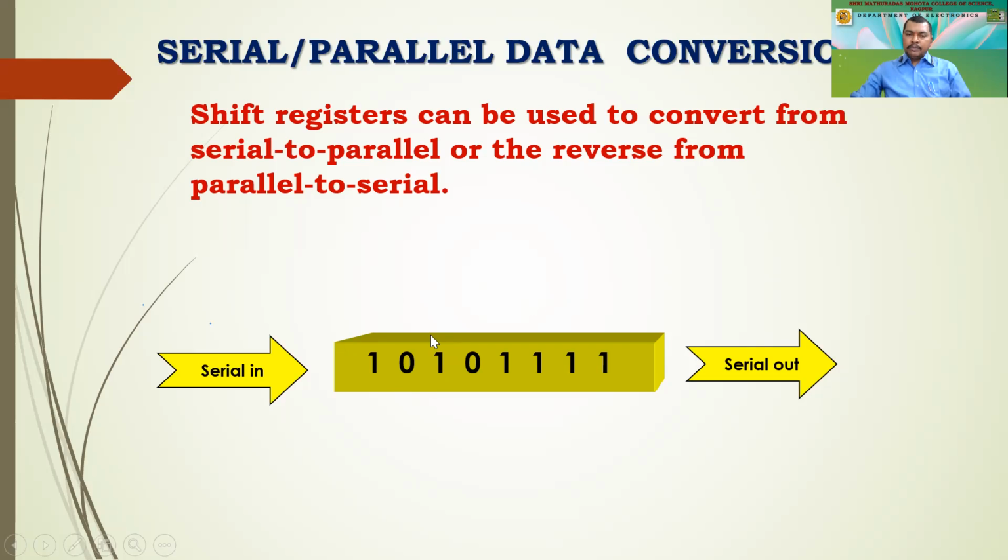So this is 8-bit because we have 8 flip-flops connected over here, or 8 bits of data are supposed to be transferred, right? So we have the serial in, serial out type of shift register. Therefore, where do we use this shift register? You might have seen pen drives, right?